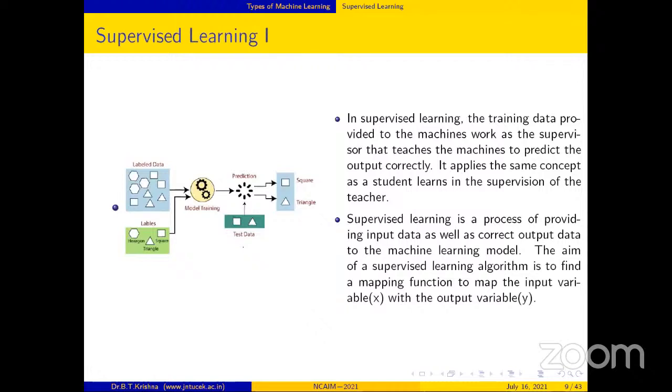So first, let us see supervised learning. Here you see the labeled data, and some arbitrary input has been given and the model is going to be trained. Testing data is also given, which contains some triangular and rectangular symbols. It takes these data, it was trained, and it is going to produce a square output as well as a triangle output.